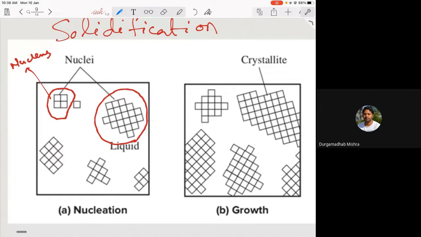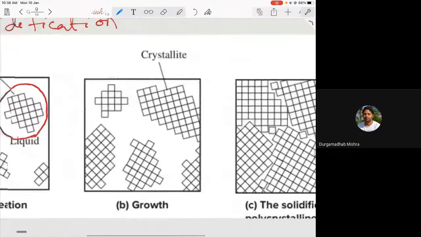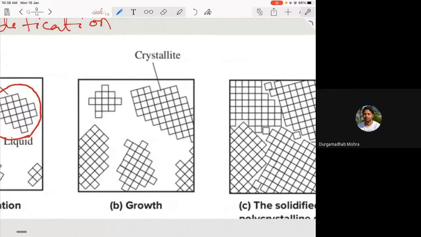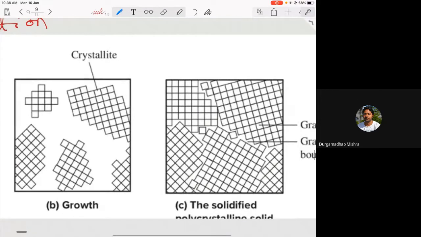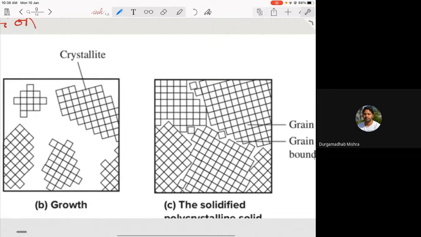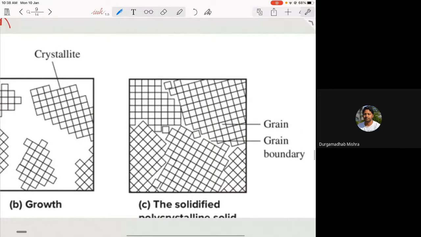Now these nuclei will grow, as you see here in the second picture, B. Ultimately, when you are way below the melting temperature, the solidification will be complete, and then you have this polycrystalline form.